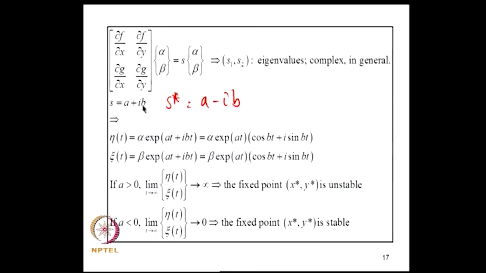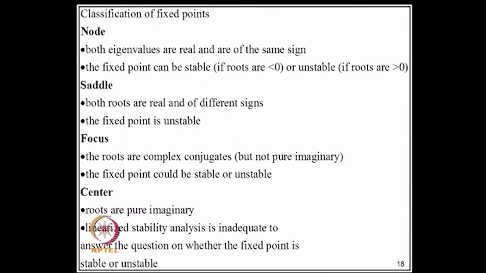That means B will be 0. The fixed points can be stable or unstable depending on the sign of these two roots. If both roots are negative, then the node is stable. If one root is positive and another root is negative, we get another situation, and the fixed point is unstable.